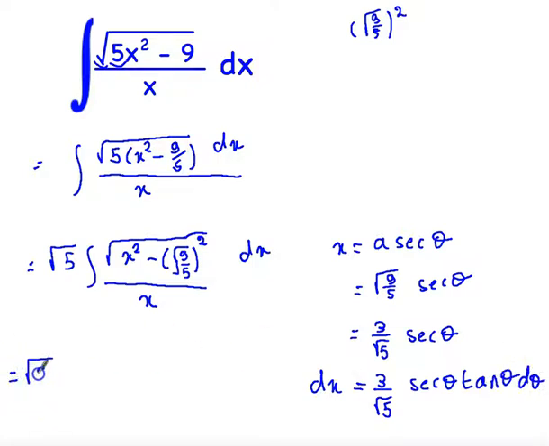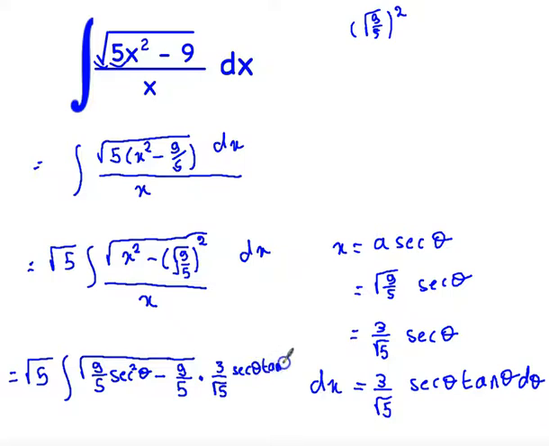equal radical 5 integral of radical x squared is 9 over 5 secant squared theta minus radical 9 over 5 squared is 9 over 5, dx is 3 over radical 5 secant theta tangent theta d theta, over x, which is 3 over radical 5 secant theta.